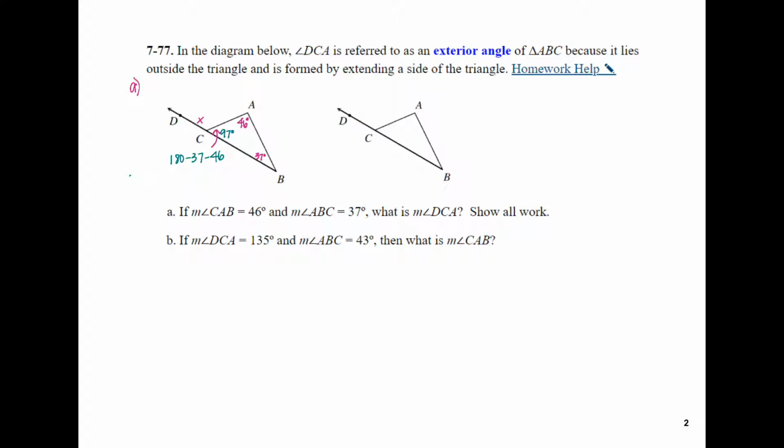We then know that a straight line is equal to 180 degrees as well, so we can take 180 degrees minus 97 degrees, which will tell us that angle DCA is equal to 83 degrees.